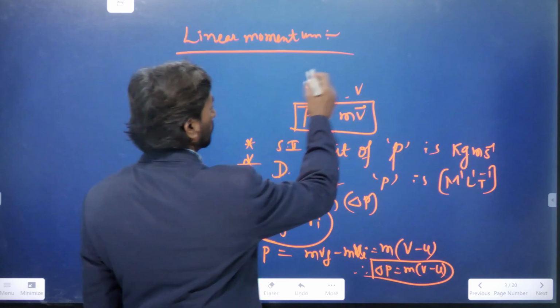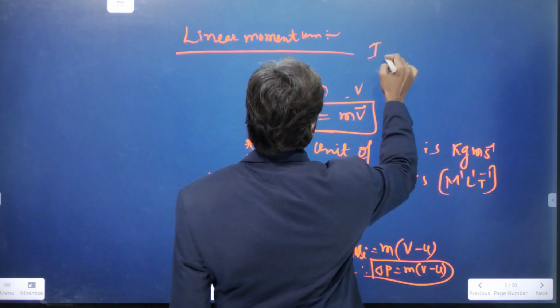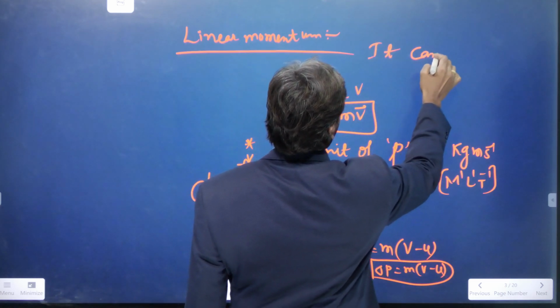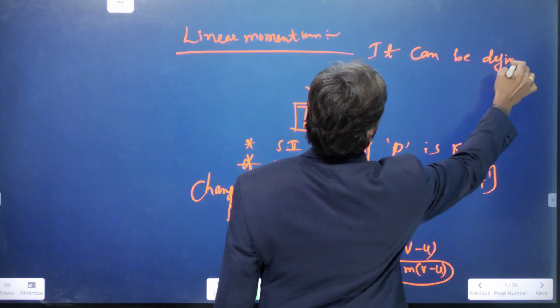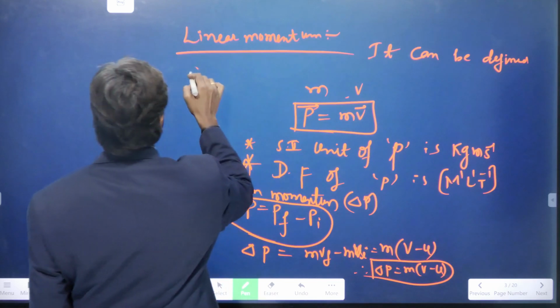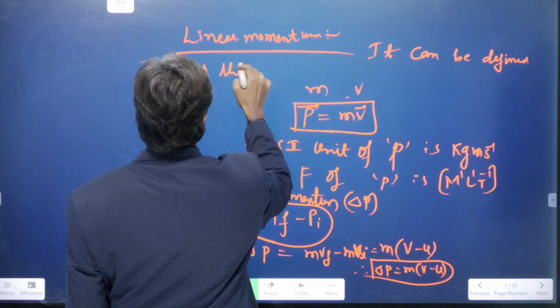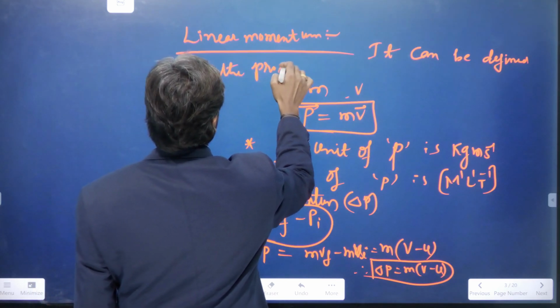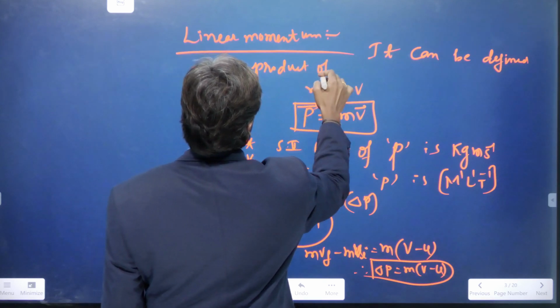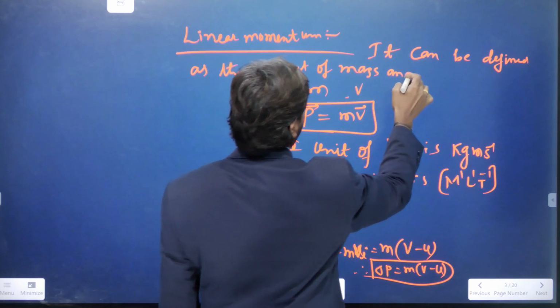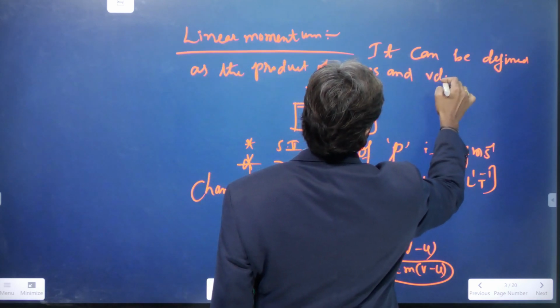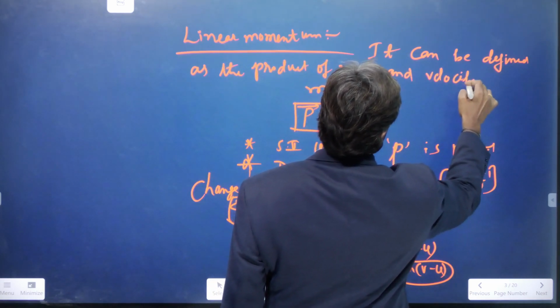So how can we define linear momentum? It can be defined as the product of mass and velocity of an object.